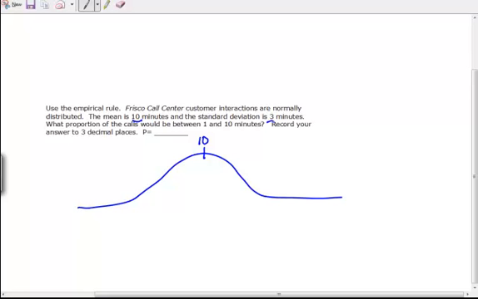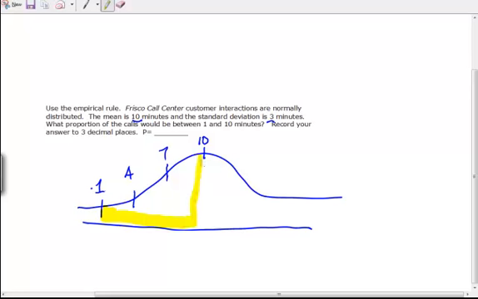Standard deviation is 3 minutes. So 3 minutes less than 10 would be 7. 3 minutes less than 7 would be 4. 3 minutes less than 4 would be 1. We want to know what percent that is between 1 and 10.